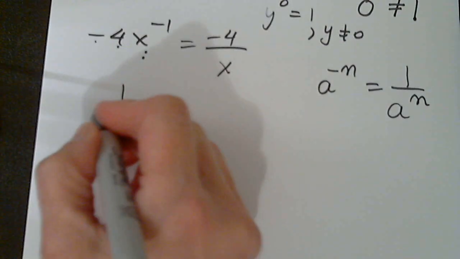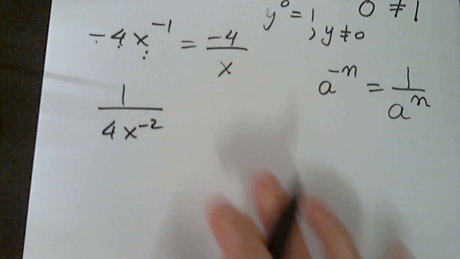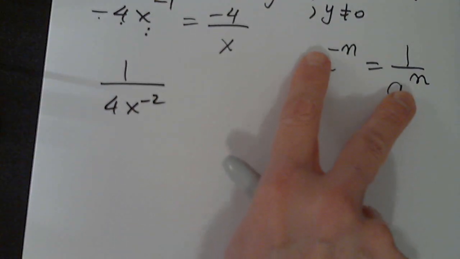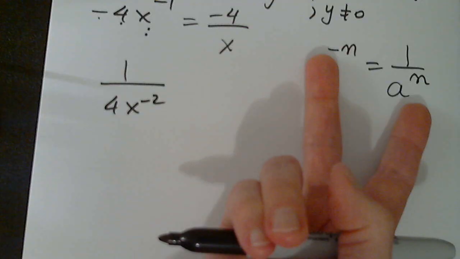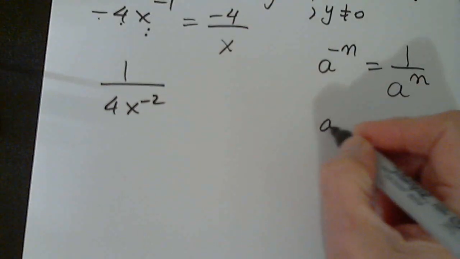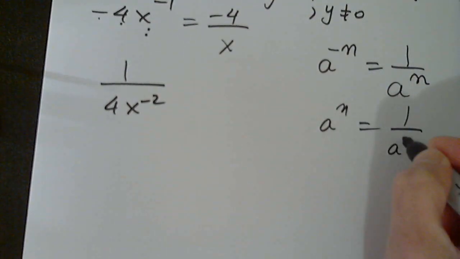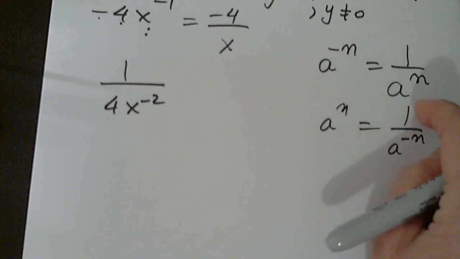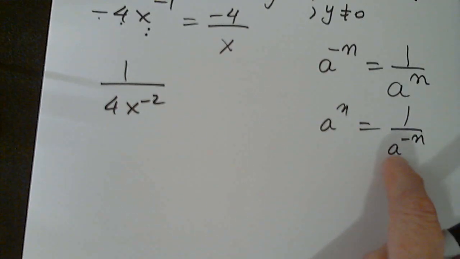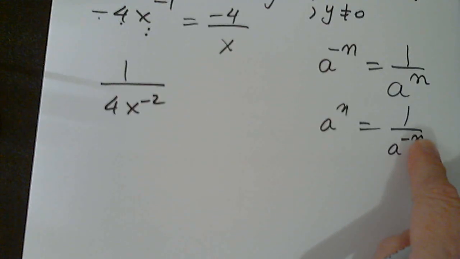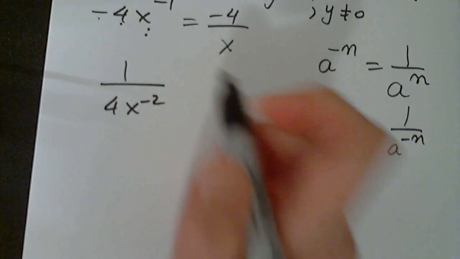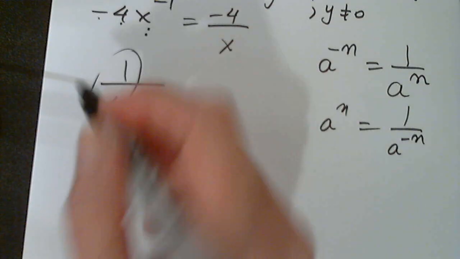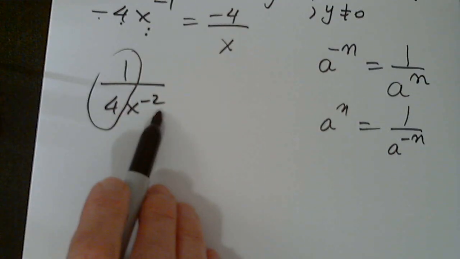The next one is 1 over 4x to the negative 2. If I swap these two, I have a to the nth equals 1 over a to the negative n. And this is the situation I have: 1 over a base raised to a negative exponent. So it will go up, but you cannot touch 1/4. 1/4 does not have this power. Only x has this power.